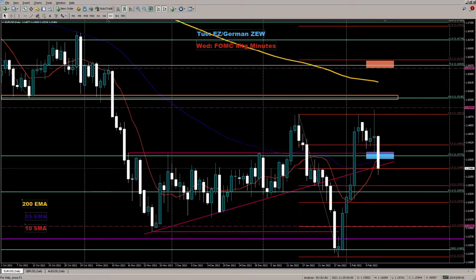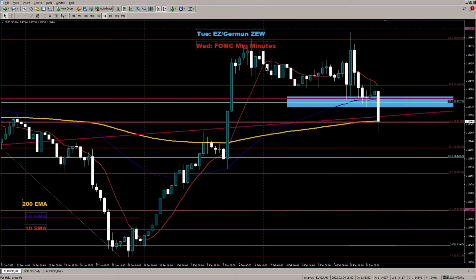So let's take a look on the shorter time frame on the 4-hour to see how it ensued. It started off with a CPI figure coming out stronger than expected, so that caused a dip in the euro. But then it reversed back up almost immediately, over the next 4 hours climbed back up.